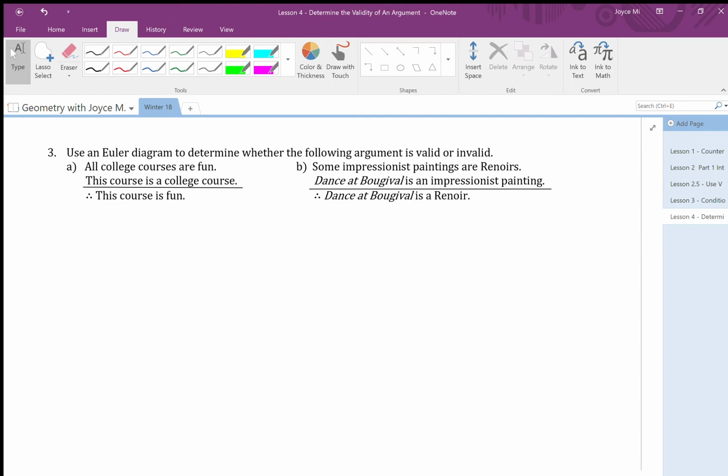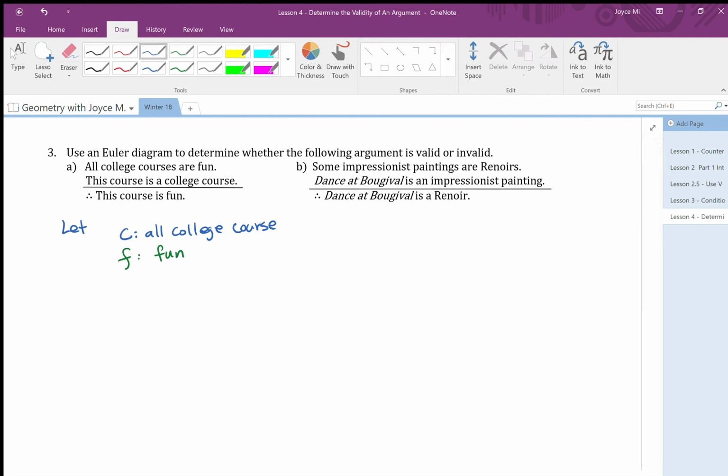Again, before I draw my diagram, I'm going to use some notation. Notation again: C represents all college courses. I'm going to let F represent fun stuff, anything that's fun.